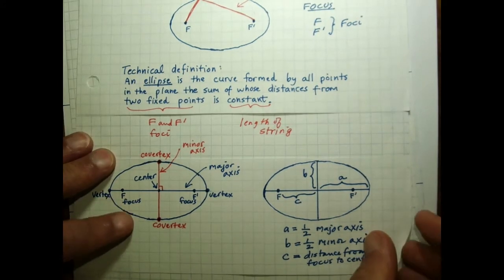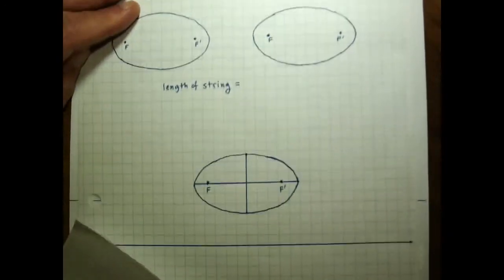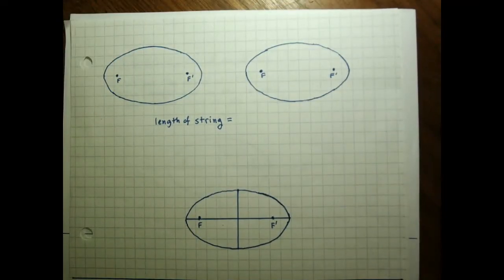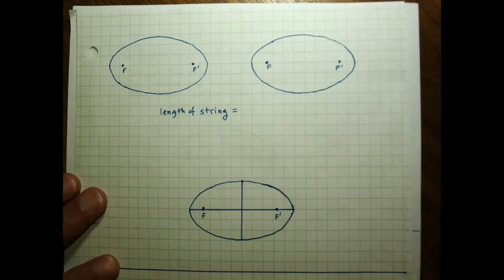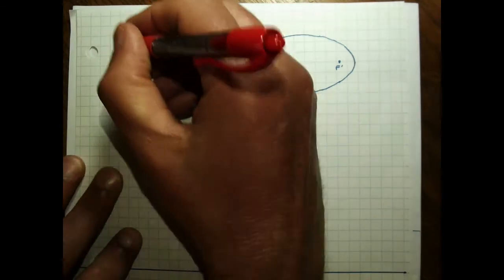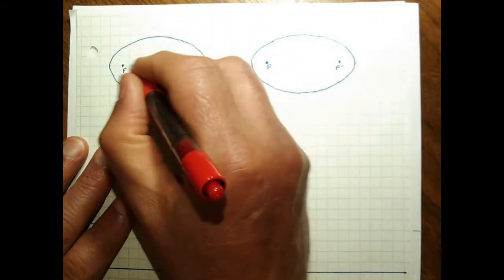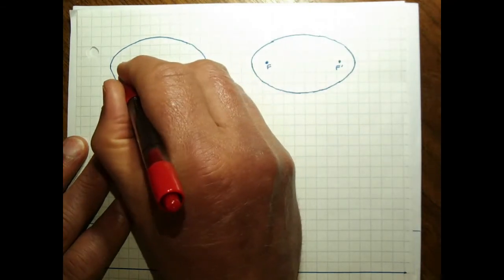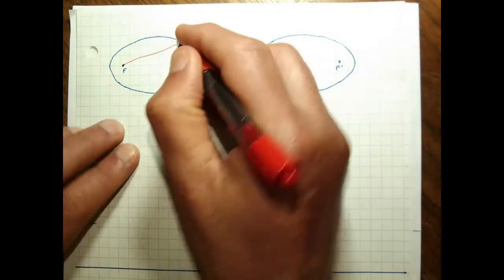Okay, now I want to continue on another picture here. I want to think a little bit about that string again. Now remember, we could take the string and when we stretch it out, it's tied down to one focus.